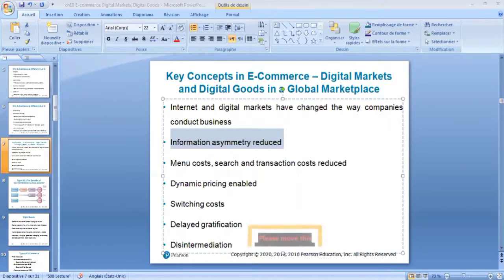So how does the internet reduce information asymmetry between buyers and sellers? Who can answer? For example, if there is a product that one company is selling overpriced, surely there will be another website with a lower price.